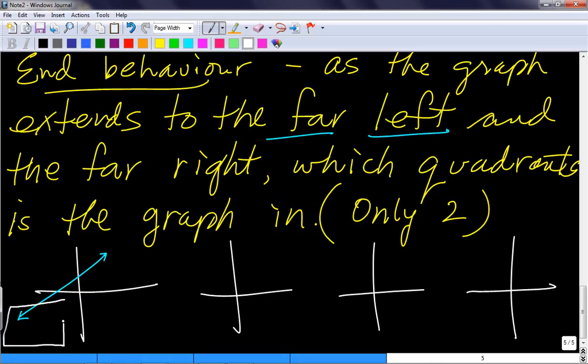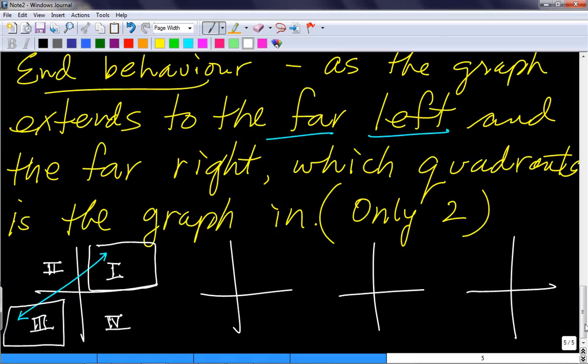And by quadrant, I mean which section of the coordinate plane. This is quadrant 1 over here. This is quadrant 2. This is quadrant 3. And this is quadrant 4. All right, so it's 1, 2, 3, 4 counterclockwise, starting at the top right.